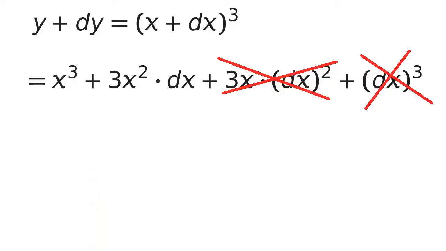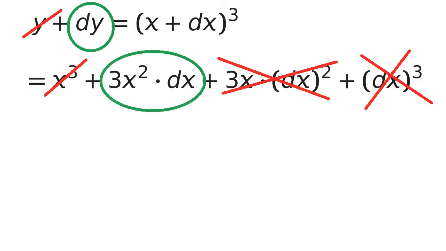Okay, and so we end up with y plus dy equals x cubed plus 3x squared times dx. We remove the y from the left and the x cubed from the right, do our fidgeting around, and we end up with dy by dx equals 3 times x squared.